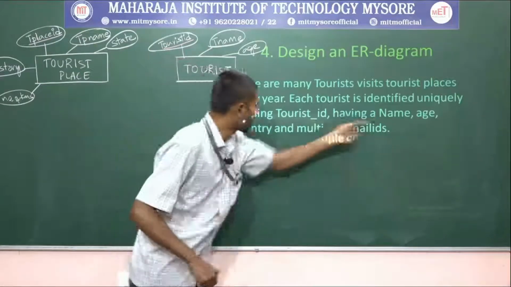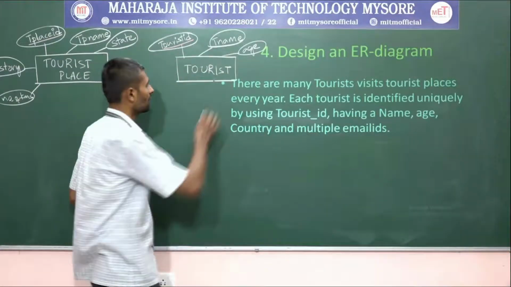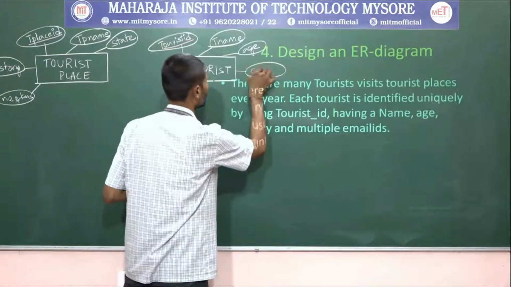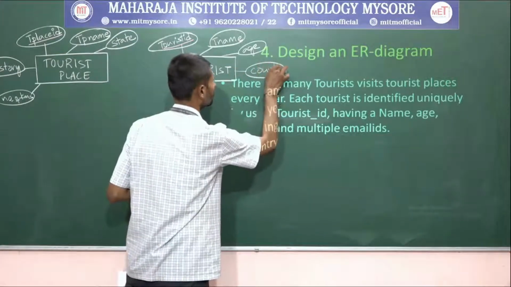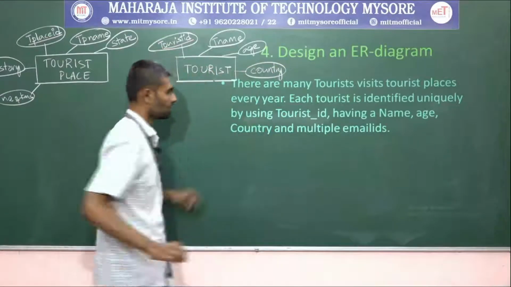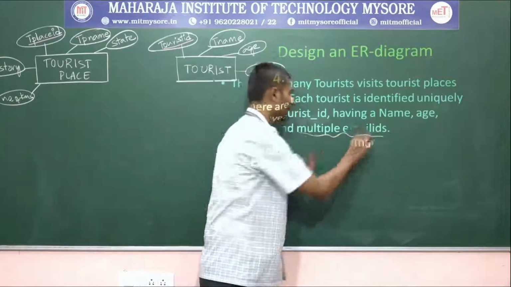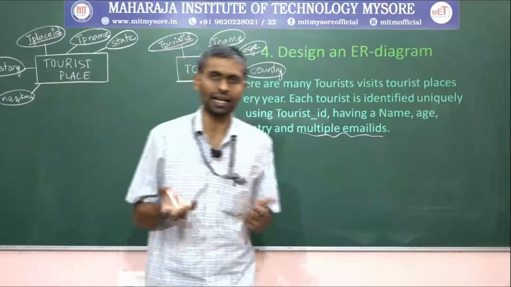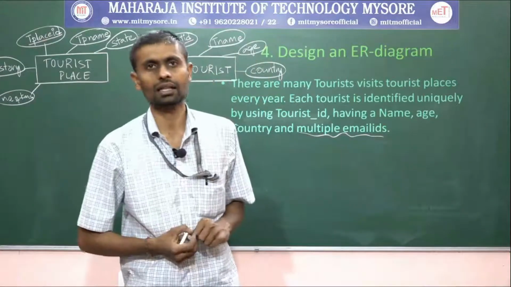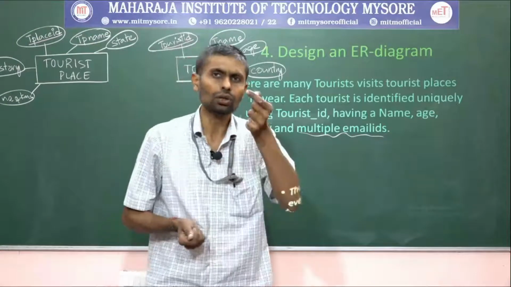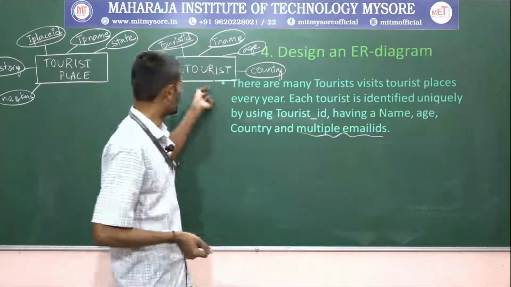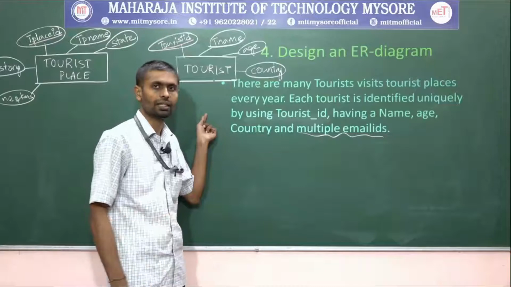Next, and country. The tourist belongs to some country. Let me record a country here. Fine. Next, what? And multiple email IDs. Each tourist might have what? Multiple email IDs he might record. It's an indication that every tourist is an instance recorded under a tourist entity type, right?